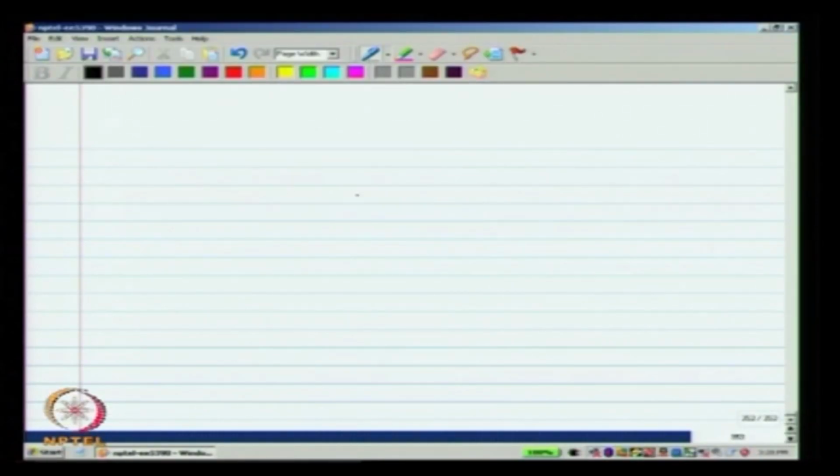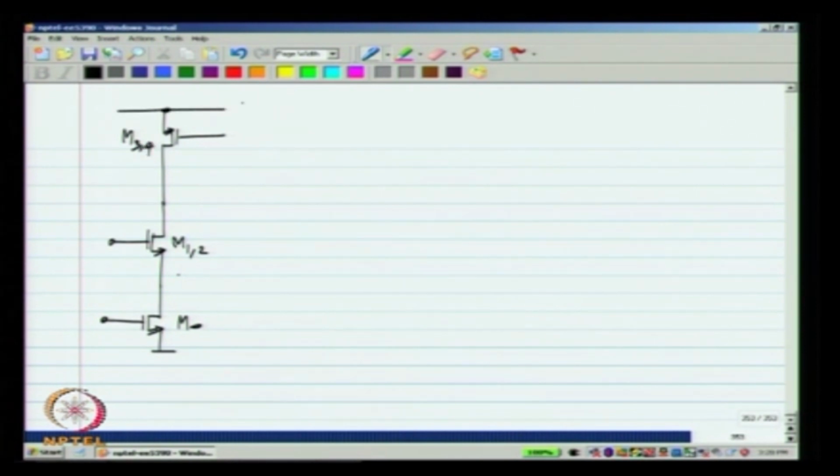What I will do now is to draw only the common mode equivalent circuit. This is the first stage: M1 and M2 in parallel, we have M0, and we have M3 and M4 in parallel. And we have the first stage common mode feedback 1.